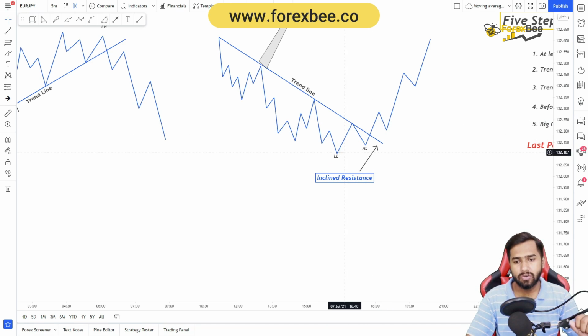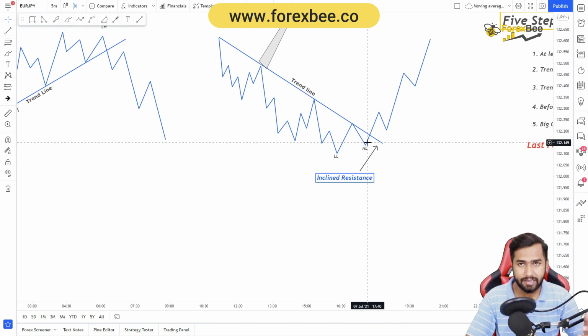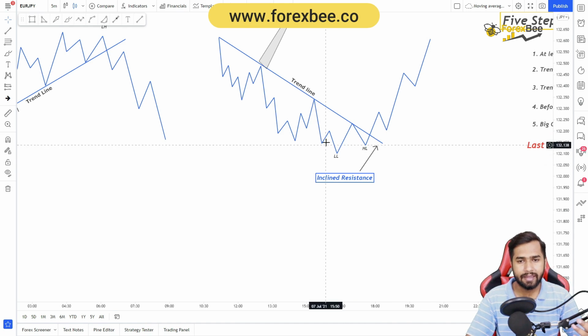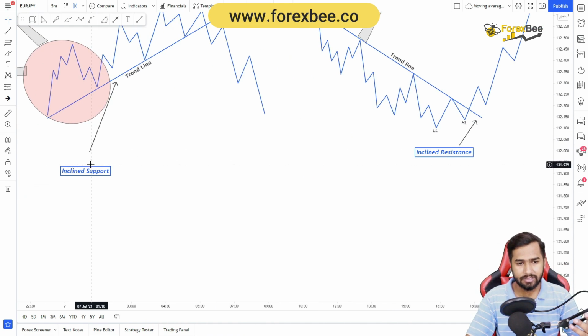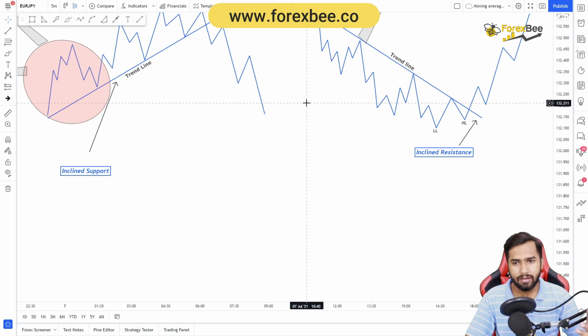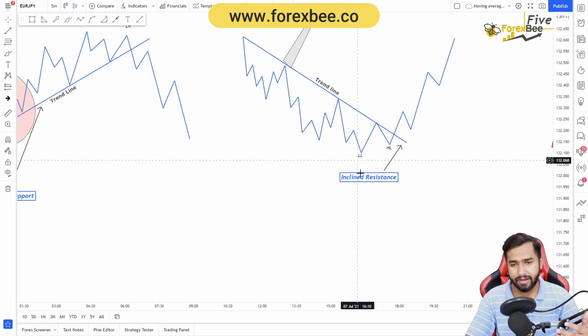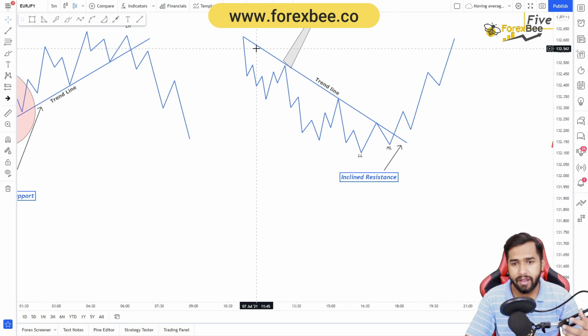You can see here that this is a lower low and this is a higher low. So this is indicating that the trend reversal might be taking place. And as you can see here, this is our inclined support in case of a bullish trend. Same is the case with the bearish trend. This acts as our inclined resistance.